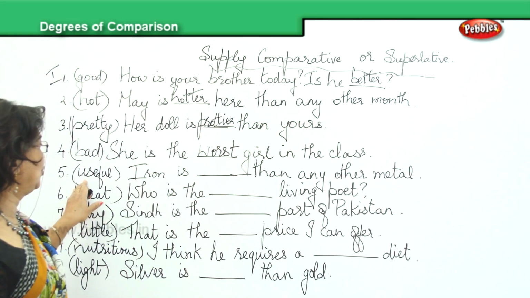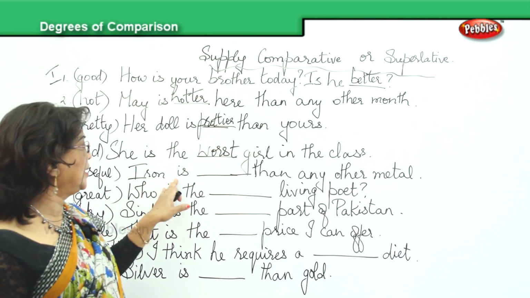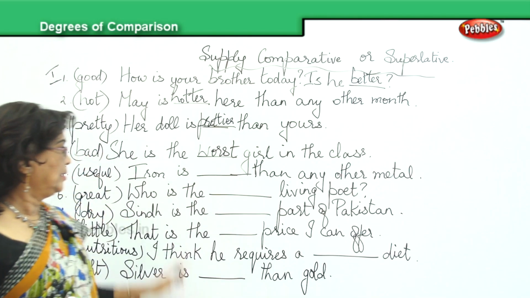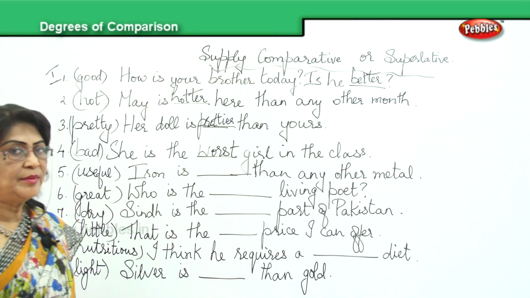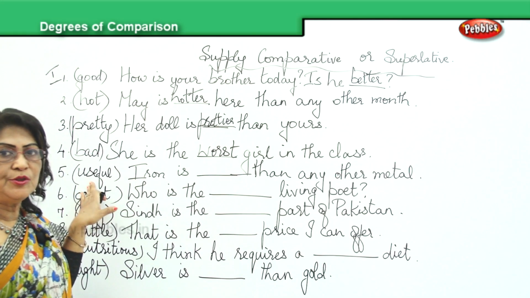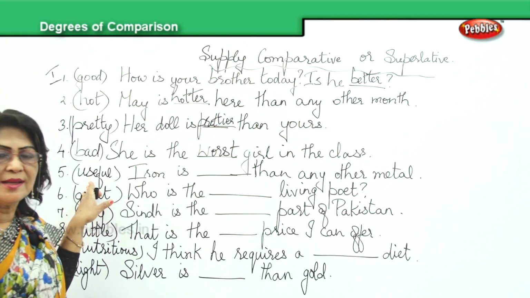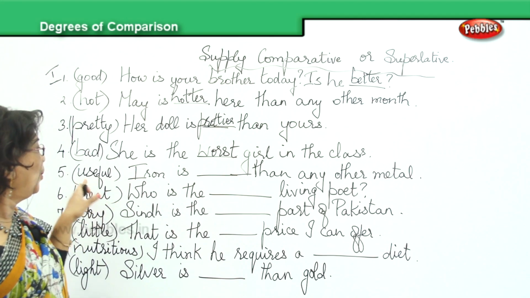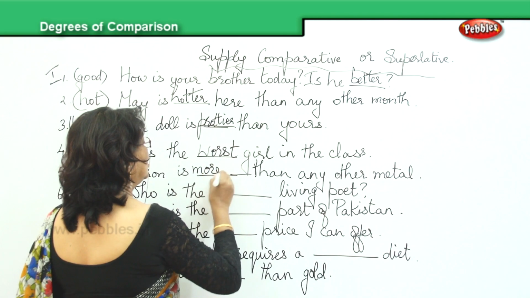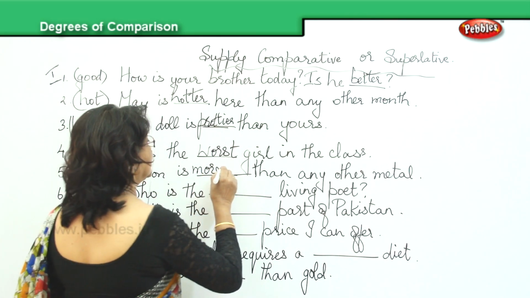Next one, useful. Iron is dash than any other metal. Now comparing iron to other metals. So, what will you write for useful? Usefuler or usefulest? Is that right? No. More useful. It follows the irregular comparison.